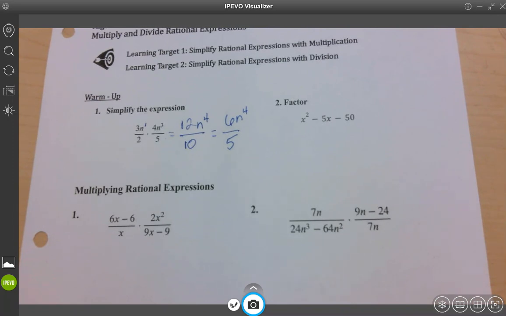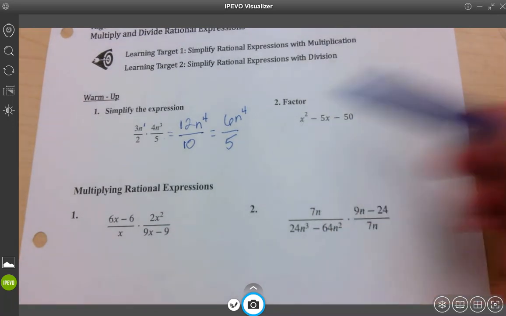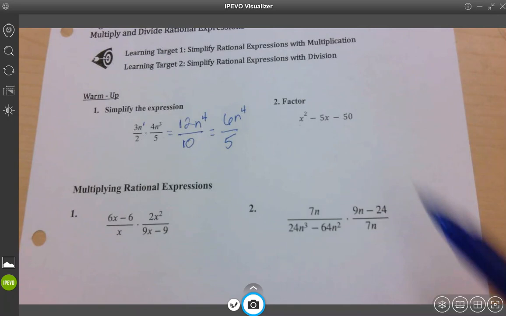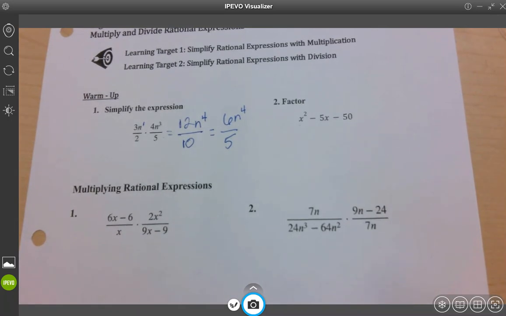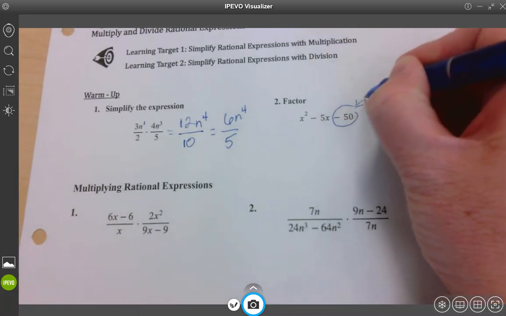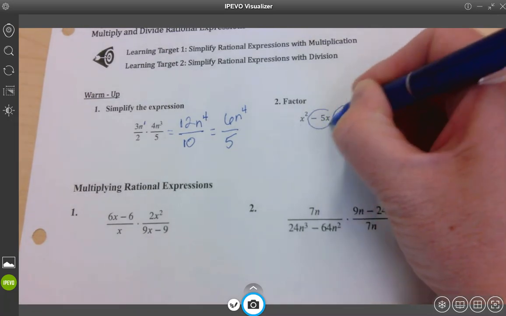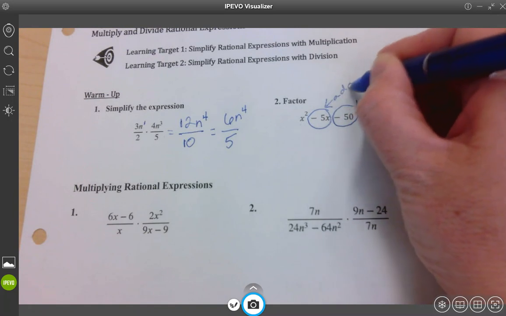Okay. All right, in number 2, this type of factoring is a little simpler than some of the other ones that we've done because it has a 1 as your a value. So this is just 1x squared. Remember that if this was 2x squared, we would have a slightly longer procedure, and we will see one of those today too. All right, so we're looking for numbers that multiply to -50 and add to -5.